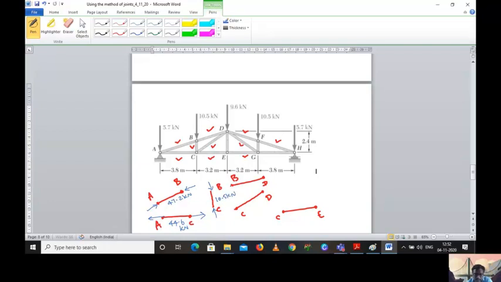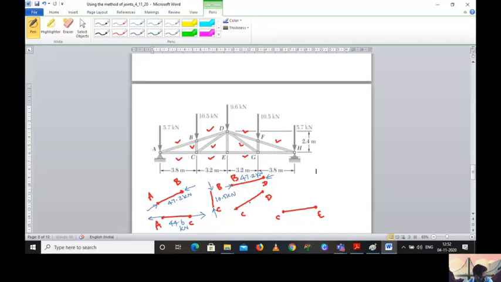BD we have calculated is also in compression, the value is 47 kilonewton.